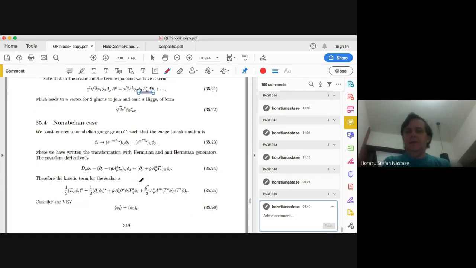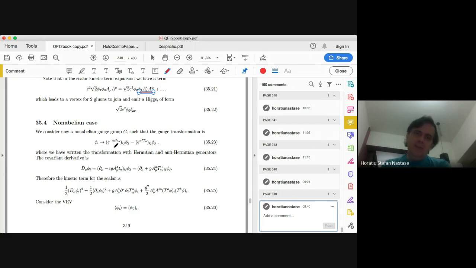All right, now let's go over to the non-abelian case. Let's consider a non-abelian gauge group G with the gauge transformation written as now a matrix product, so phi i going to a matrix with indices ij times phi j.